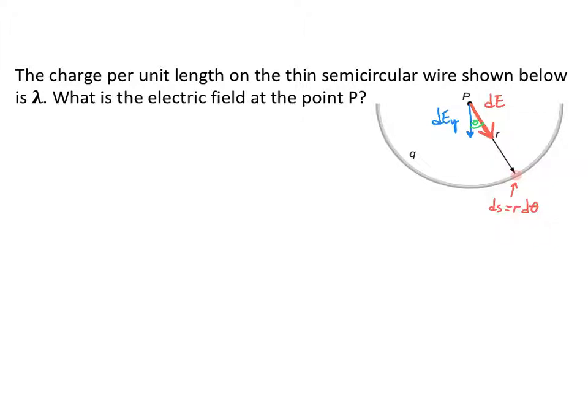But it's not going to be 0 by symmetry on the Y because I have a semicircle. Okay, they don't cancel each other. There's not a circle above it to cancel it out. So just knowing that, I guess we could state that dE in the X direction cancels. Sum equals 0 by symmetry.